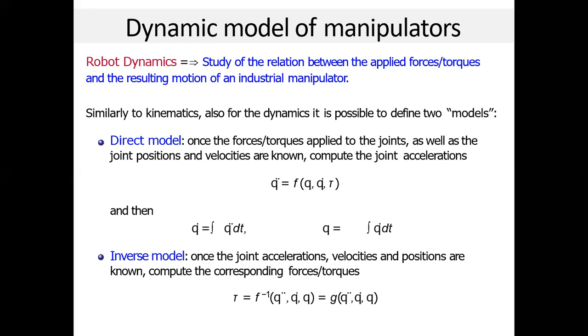Already we know the direct dynamics and inverse dynamics. That is the study of the relation between the applied force and torque and the resulting motion of the industrial manipulator. That is called robot dynamics. So the direct model, that is direct dynamics: once the force and torque applied to the joints as well as the joint positions and velocities are known, compute the joint acceleration.